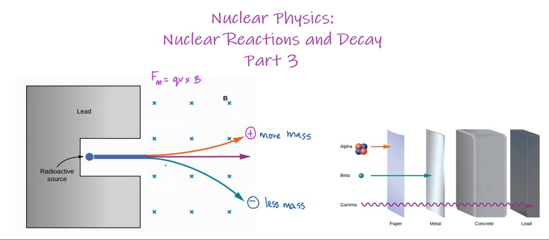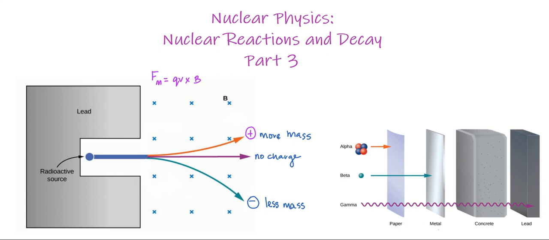Now, in order for a particle to be undeflected in a magnetic field, that would imply that it has no charge, because we know it has initial velocity. We can see the contrail that it makes, and there's no electric field here to balance out this particle. So this one over here in the middle must have no charge.